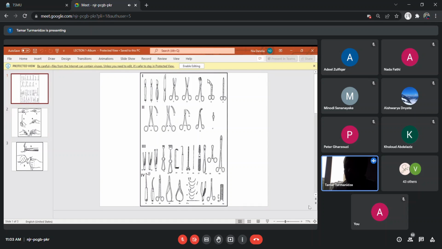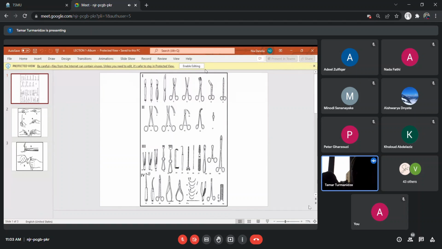So, handling of different types of scissors for dissection of the tissues. This is the Cooper scissor, what we see on the picture, and I also show you here the Cooper scissor. For handling the scissor, we have this position.